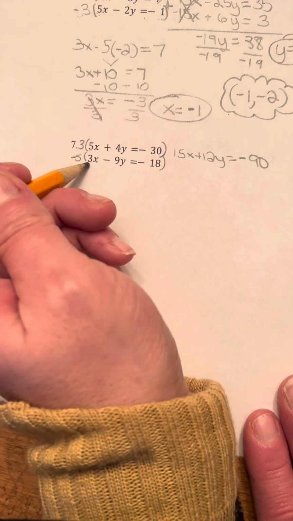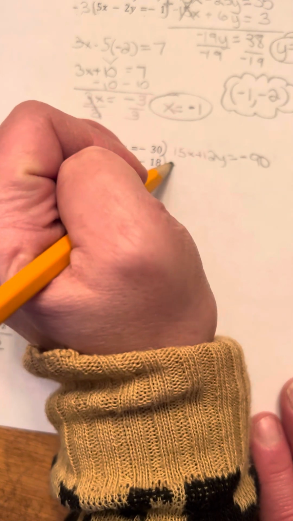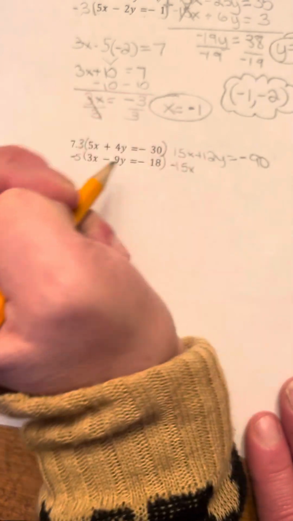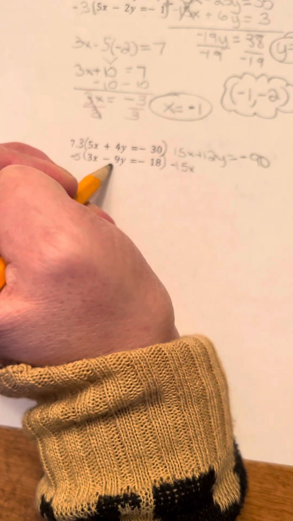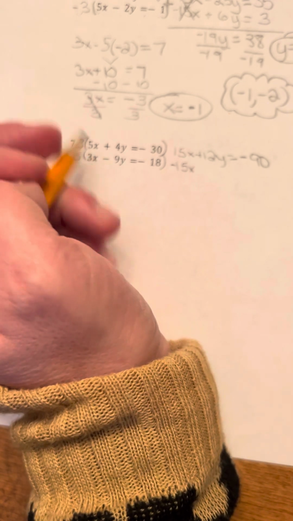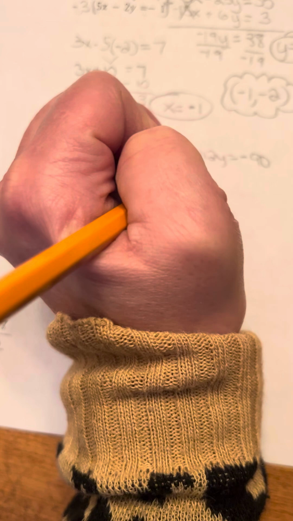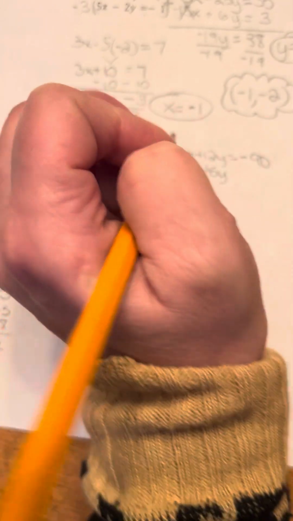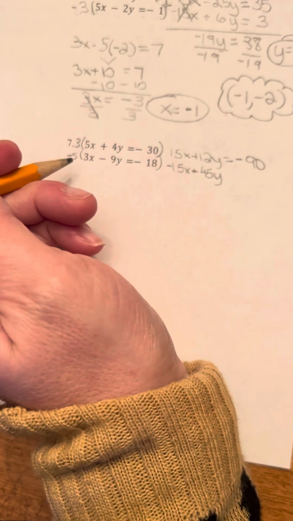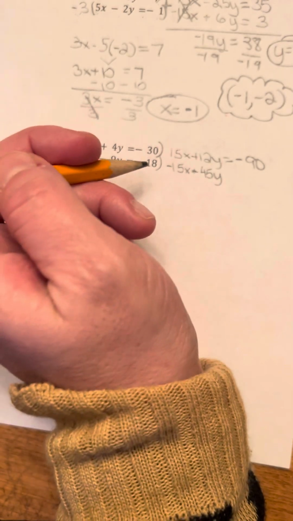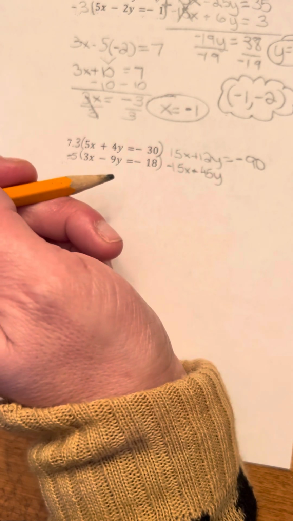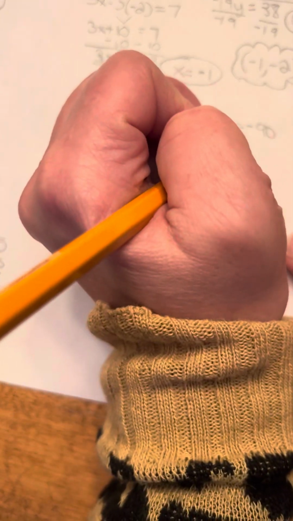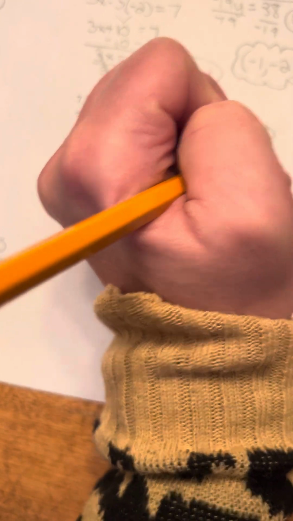Negative 5 times a positive 3x is going to give me the negative 15x I was looking for. Negative 5 times a negative 9y is going to give me 45y. It's going to be a positive because it's a negative times a negative. And then our last one is a negative 5 times a negative 18. And when you do that, again, it's going to be a positive, in this case a positive 90.